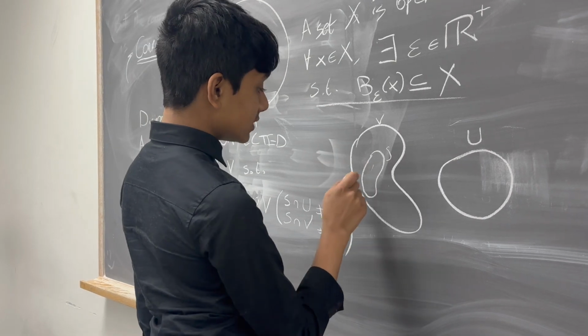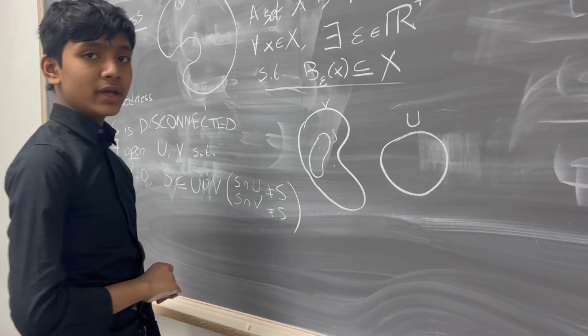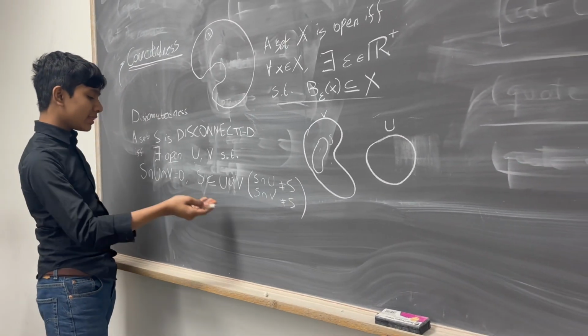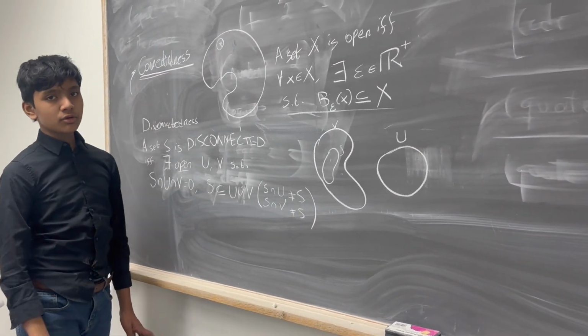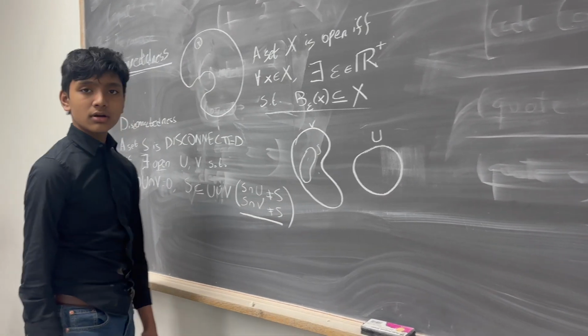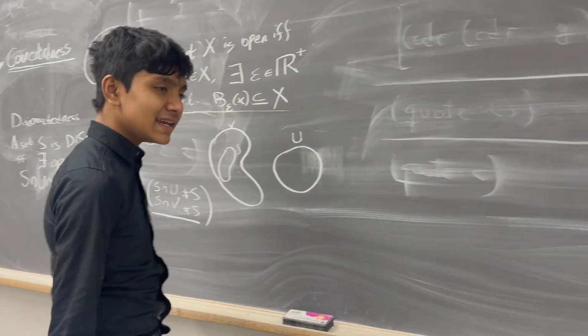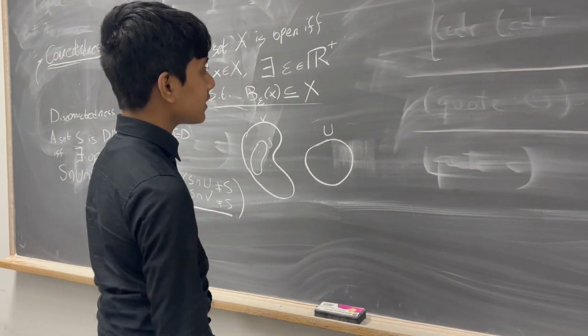But as you can see, it's in the union of U and V. Does that mean that this definition works? No. So we have to make sure this is true. So that's what it means to be disconnected, and to be connected is just the converse of that.